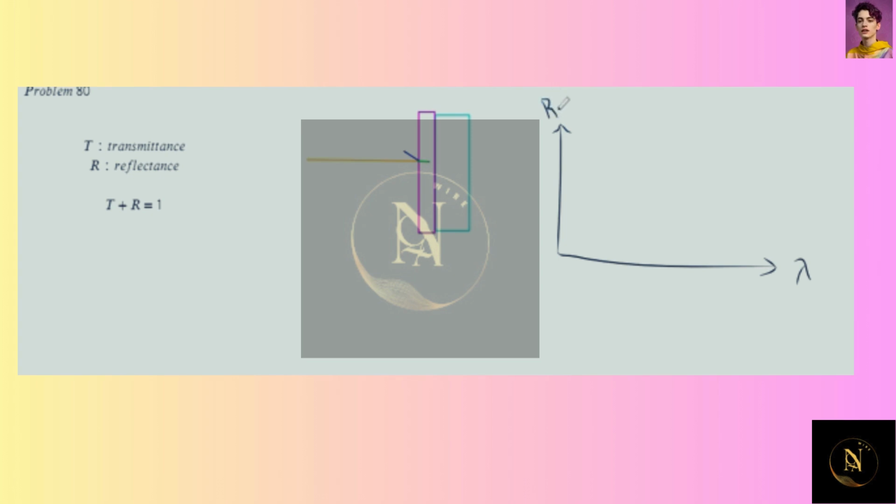In the graph itself, let's do a representation of what we have. We have lambda here as our independent variable, and we have reflectance here as our dependent variable. So we see that reflectance is a function of lambda.